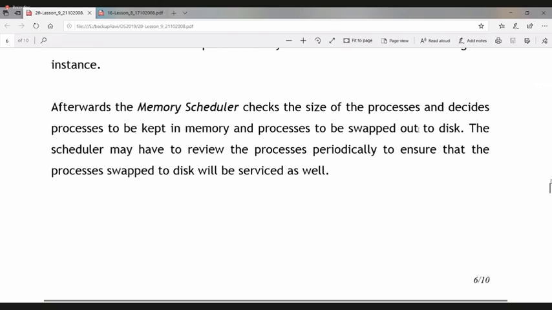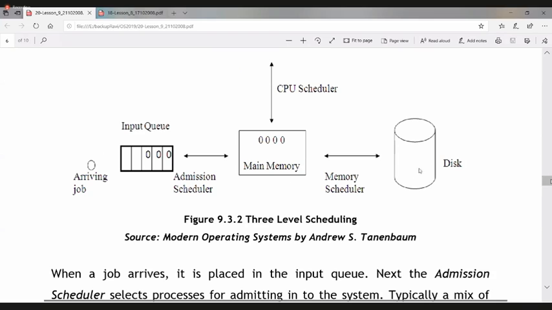The memory scheduler checks the size of the process and decides which process to keep in memory and which to swap out to disk. The scheduler may have to review the processes periodically to ensure that a process swapped to disk will get served as well, because you can't keep a process on the hard disk without giving it a chance to execute on the CPU, right?